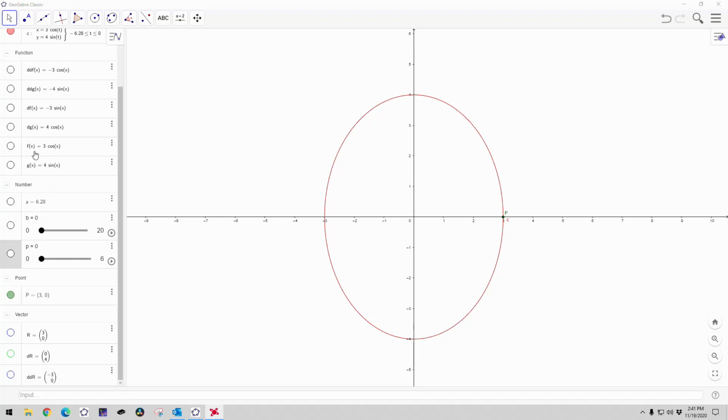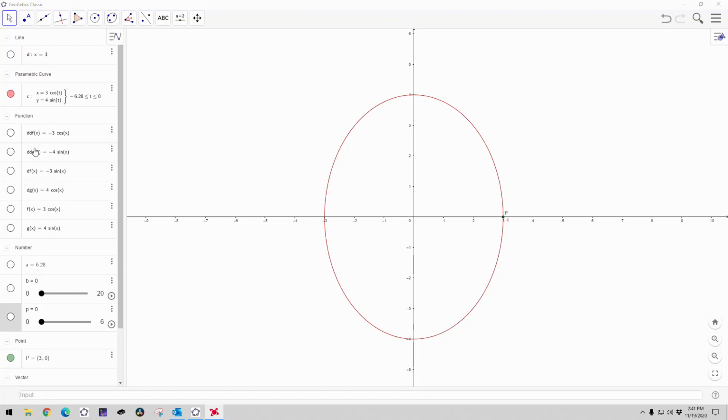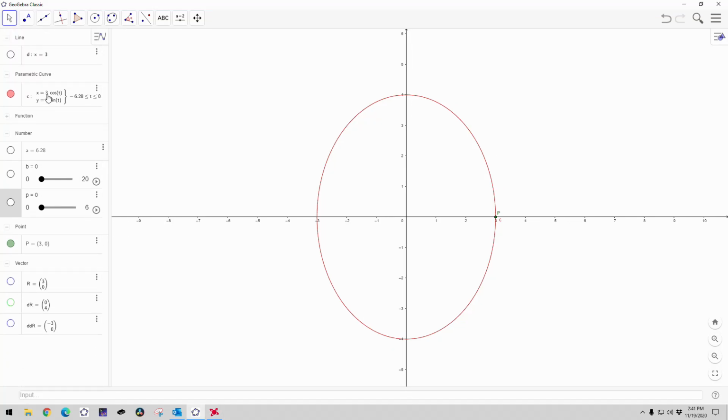Notice it is the two pieces, 3 cosine and 4 sine, right? That's my parametric function here. And GeoGebra is still treating this as a parametric function. However, I also have a vector right here called r that I'm forming using the coordinates from the parametric.